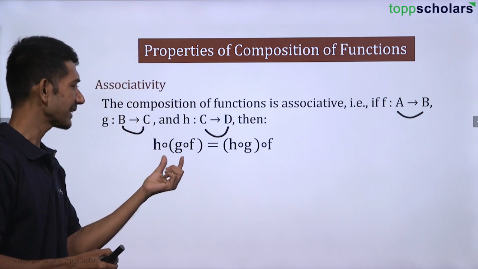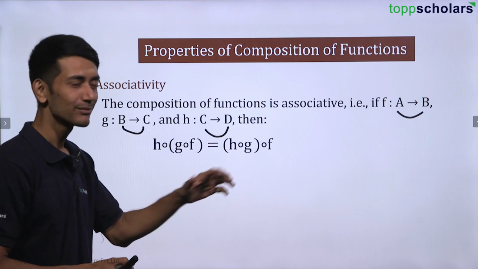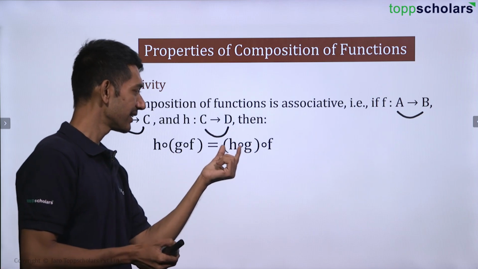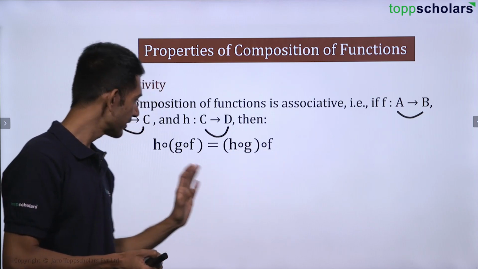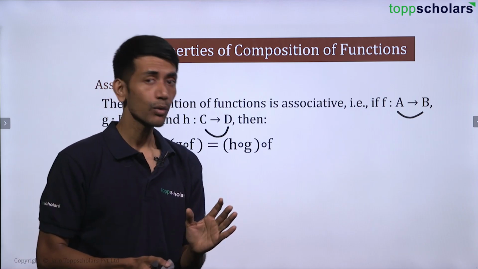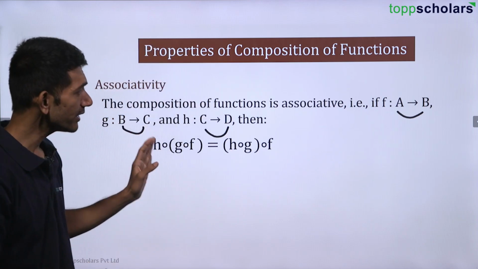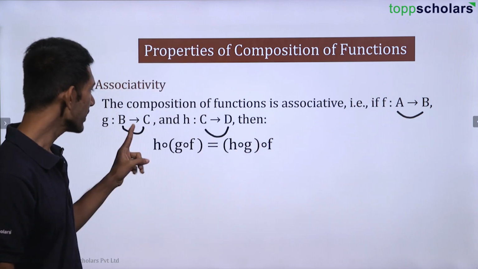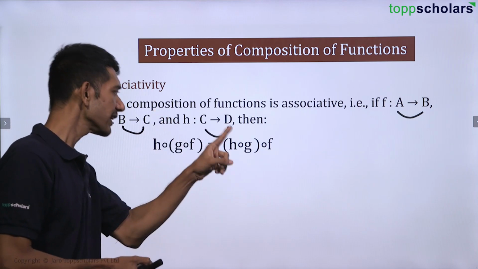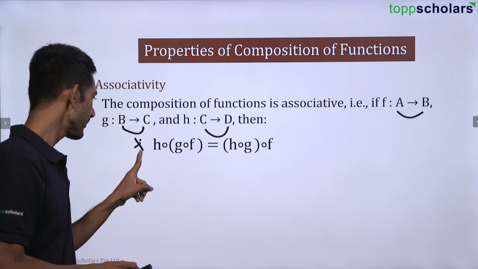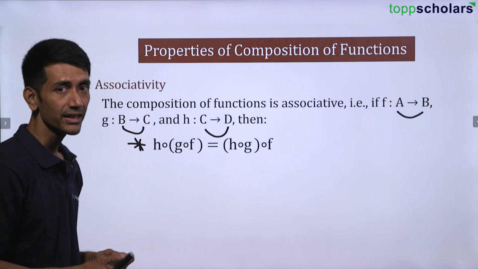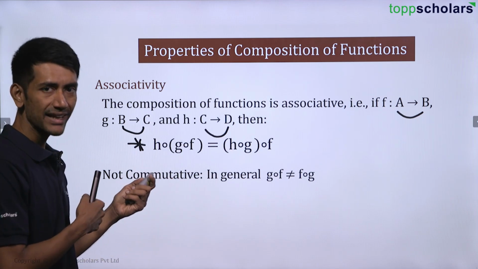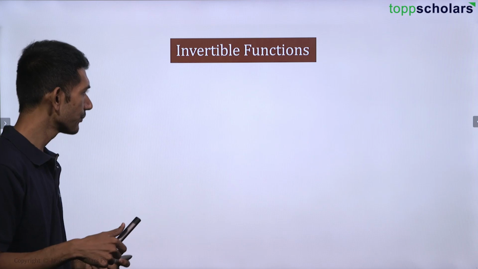That is called gof and hog. You can read it like that as well. So here we have h and g of f, and here we have h of g and then f. Both of them are equal and the associative property holds true here. So basically there are 4 different sets. There is a function from set a to b, a function from set b to c, and a function from set c to d. Then this condition is satisfied, that is called associativity. Commutativity we just saw in the previous slide. It does not exist. They are never equal.